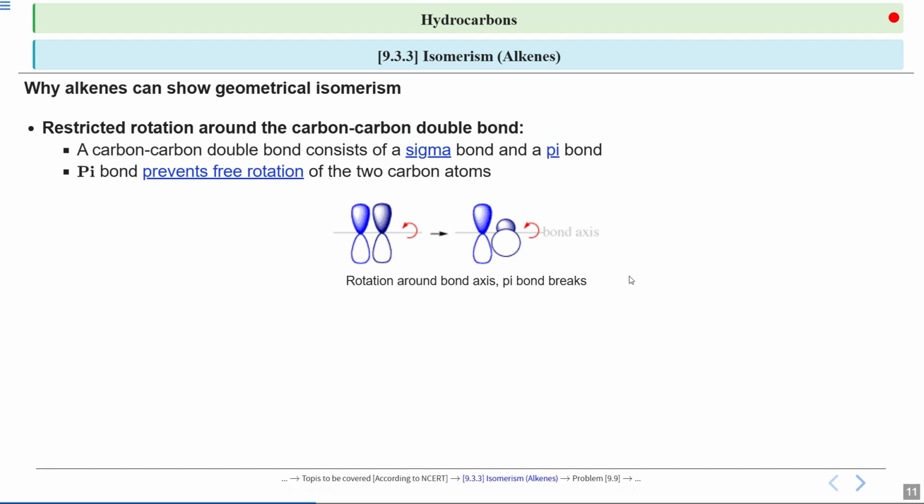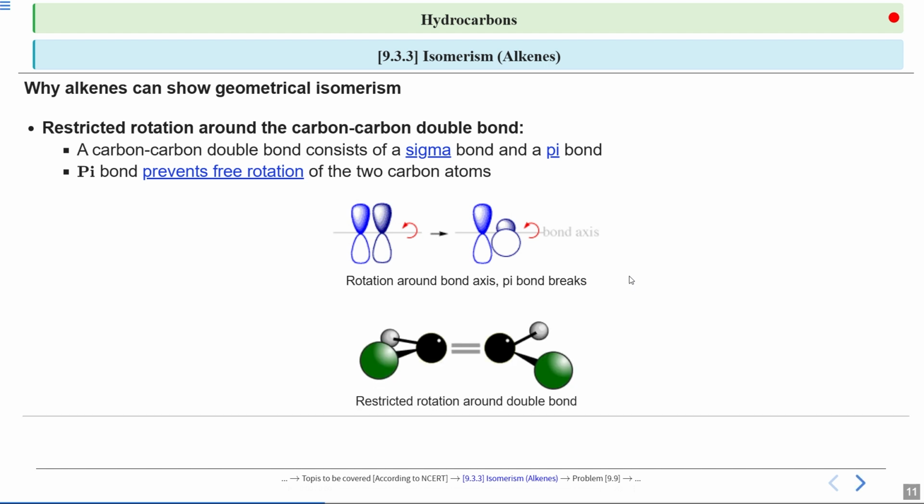But when you rotate one of the carbons, both p orbitals are no longer parallel, and in this condition they are perpendicular to each other, which is an inappropriate condition for sidewise overlap, and hence you are breaking the bond by rotating the molecule. So, what we can conclude is that this visual representation is clearly telling us that if we try to rotate it, it will stop at a point due to the double bond.